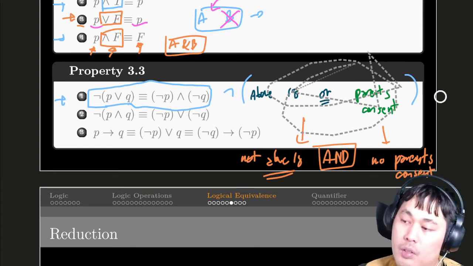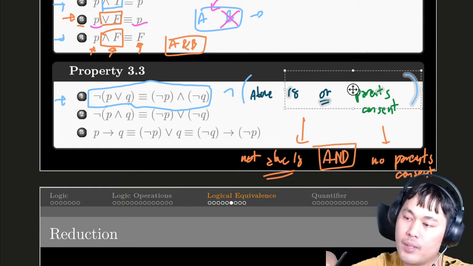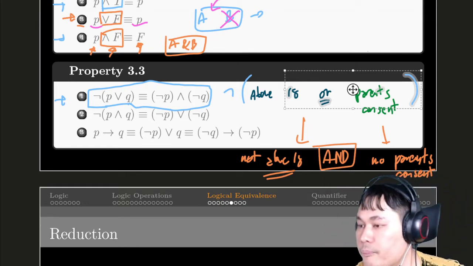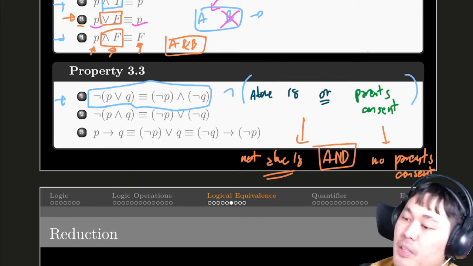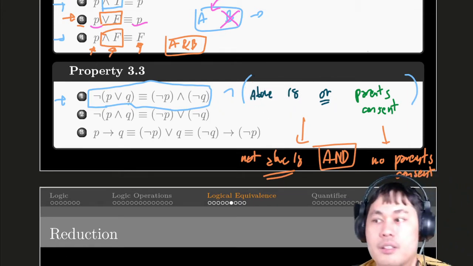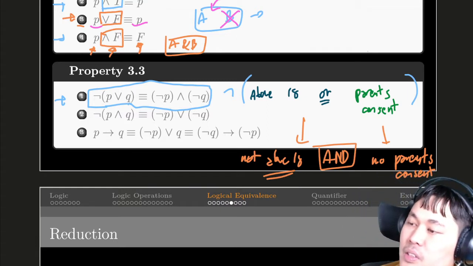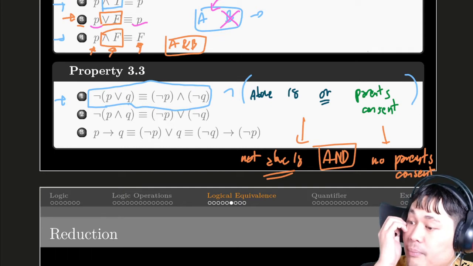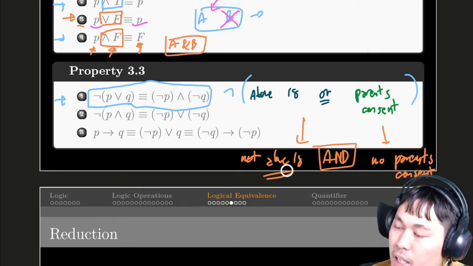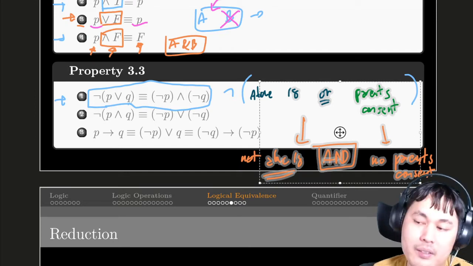If you fail to qualify to donate your blood, then you must fail both requirements at the same time. You must be below 18 and have no consent to fail the test and not be able to give blood. And if you think about it, this is how we think about that statement in terms of language.